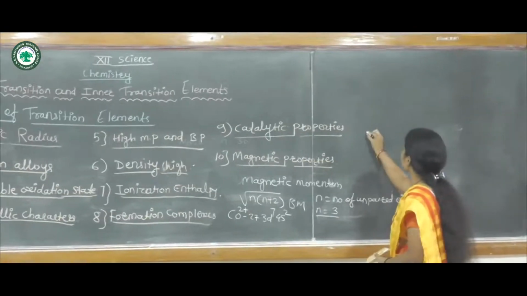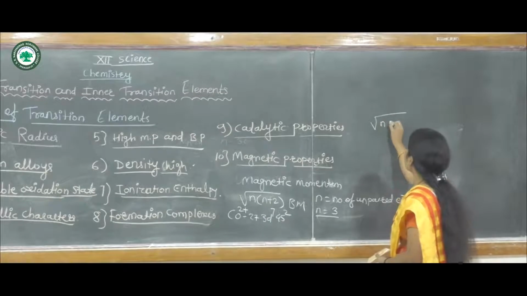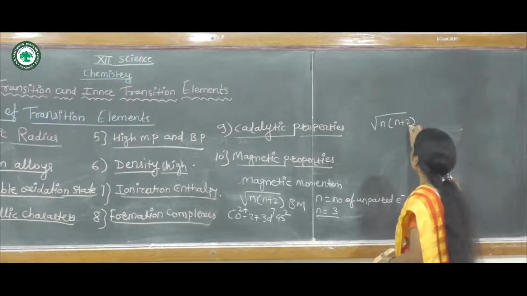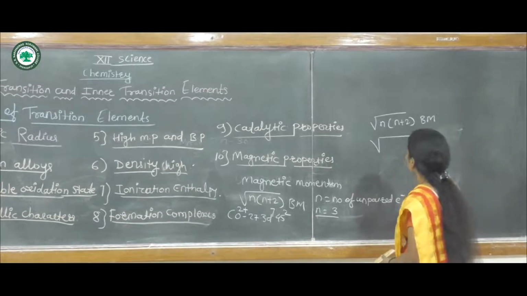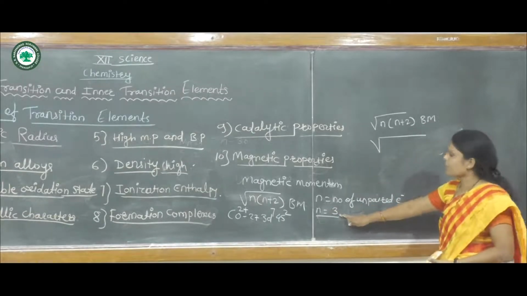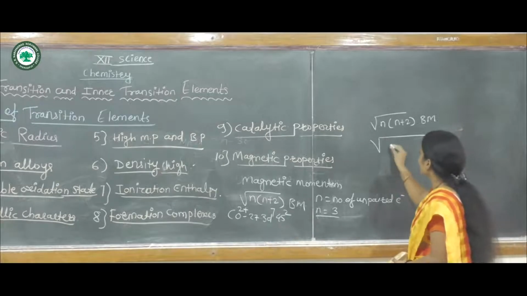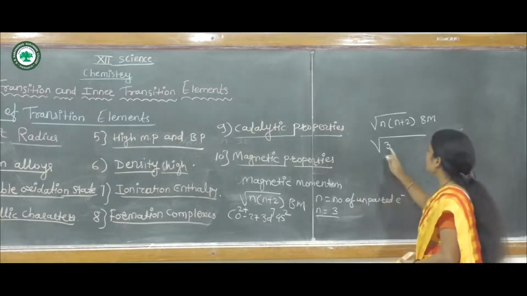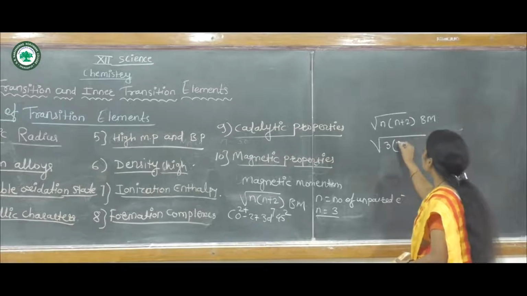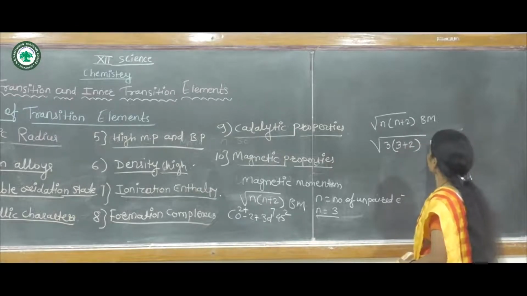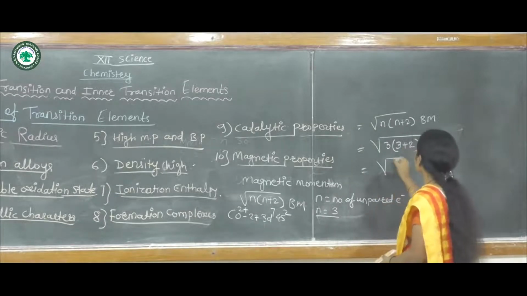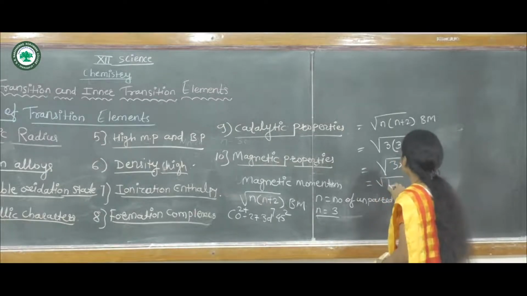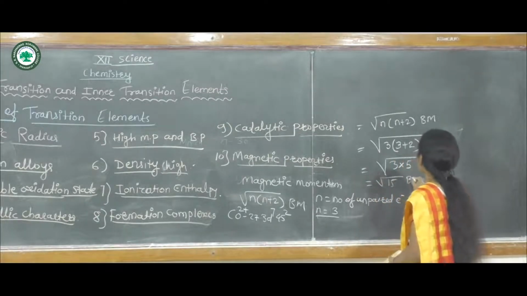The formula is the square root of n(n+2) Bohr magneton. Substituting n equal to 3, we write the square root of 3 times 5, and then the square root of 15 Bohr magneton.